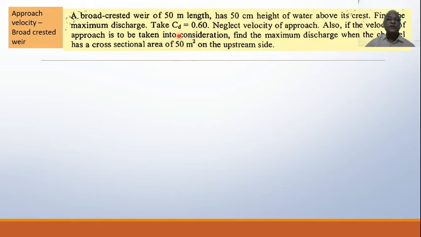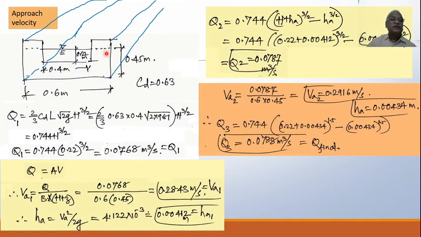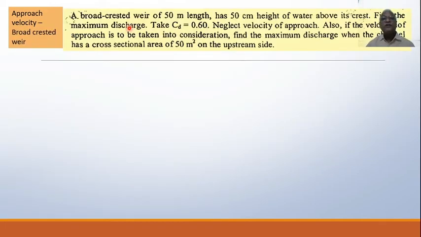So on the upstream side, we have got 50 meters square, right? Channel area. In the earlier problem, if you look at the upstream cross-sectional area, it was 0.6 into 0.45. That is the channel with that depth in which the flow is occurring. So that information is directly given as 50 meters square.